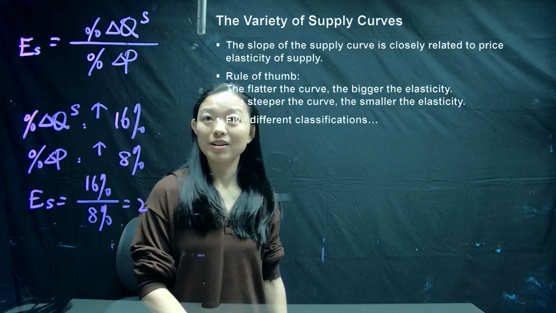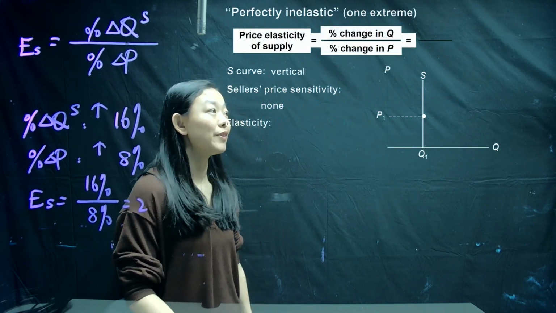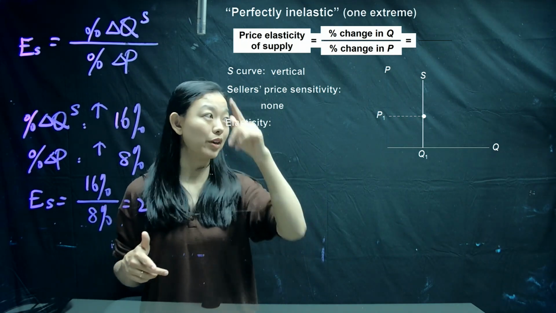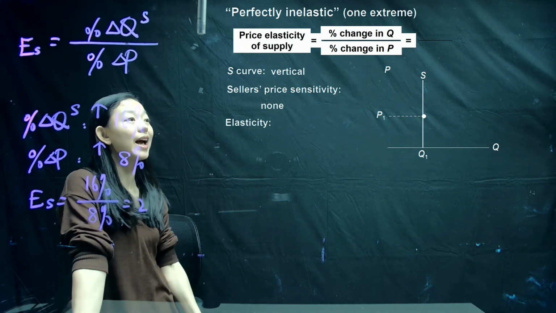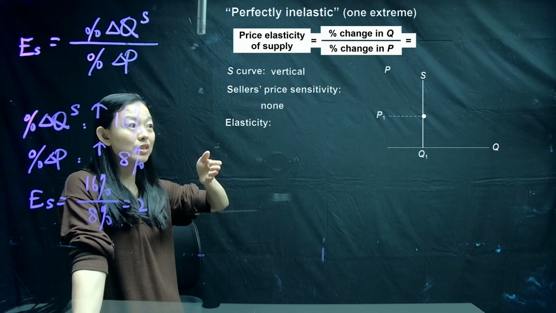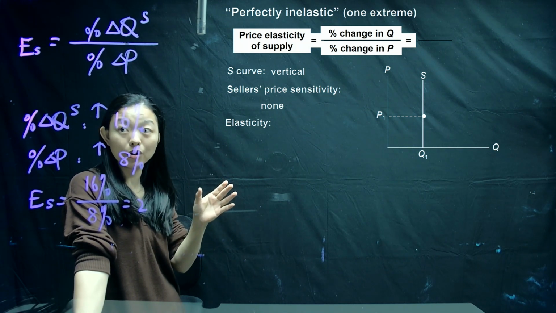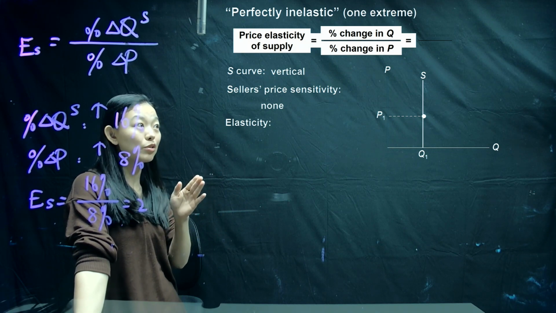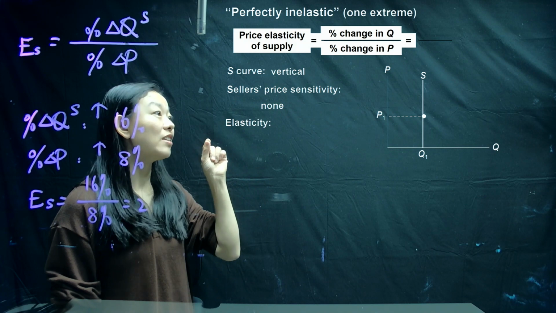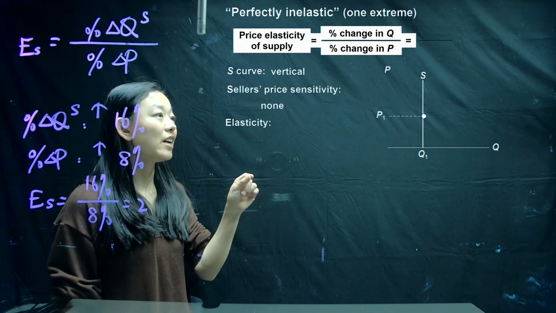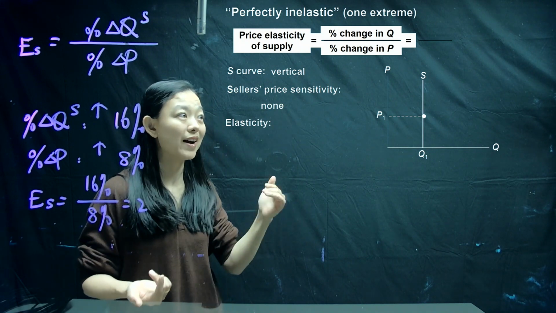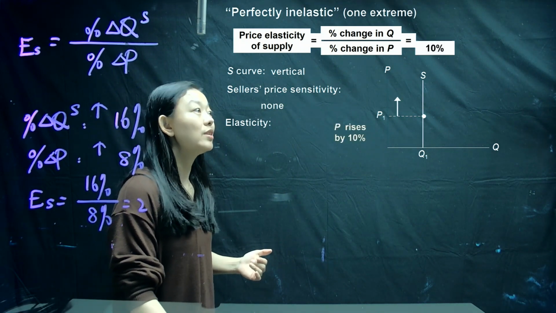So let's look at five different supply curves. The first case, like on the demand side, is a very extreme case. Here the supply curve is vertical. Vertical means there is no change in quantity supplied. Looking at the formula, the percentage change in quantity supplied always equals 0, and 0 divided by anything equals 0.